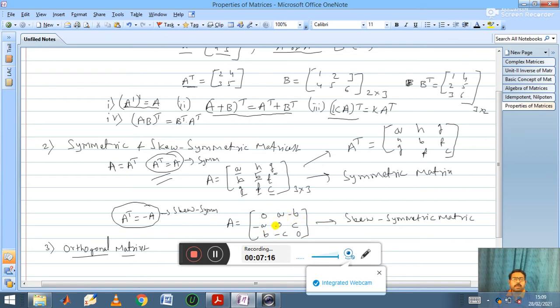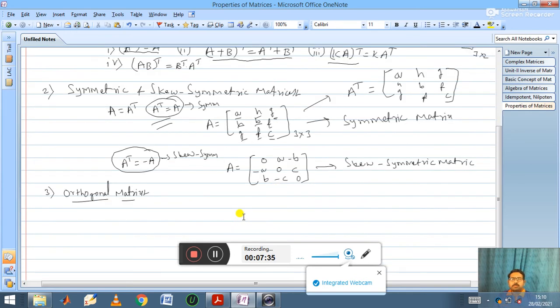So the non-diagonal elements are the same elements but with opposite signs. And one necessary condition is that all the diagonal entries must be equal to 0 in the case of a skew symmetric matrix.